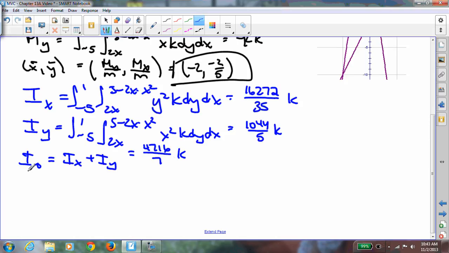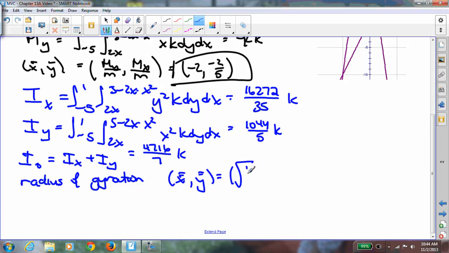And then last but not least, we talked about what's called the radius of gyration, which was labeled x double bar and y double bar. So x double bar, y double bar is equal to the square root of Iy over m and the square root of Ix over m.